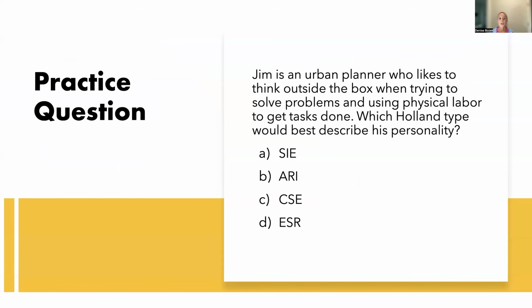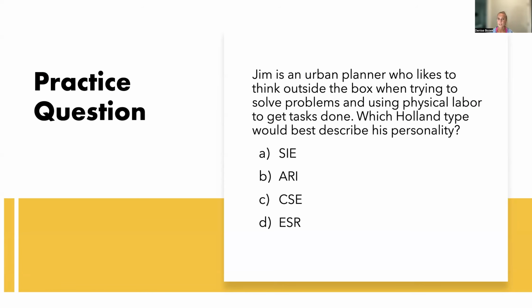And then I have a practice question. Jim is an urban planner who likes to think outside the box when trying to solve problems and using physical labor to get things done. Which Holland type would best describe his personality? Before you answer, think about what his personality is.